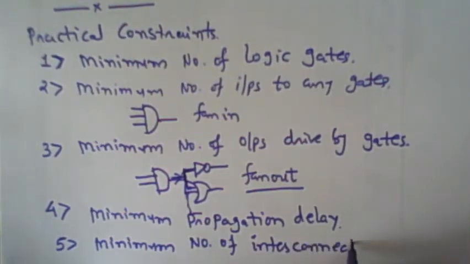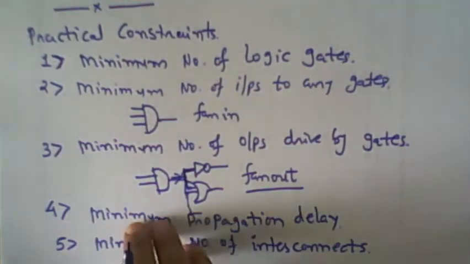So we have to design a combinational circuit in such a way that it should have a minimum number of interconnects. So these are the different practical constraints we have to keep in our mind when we design any combinational digital circuits.